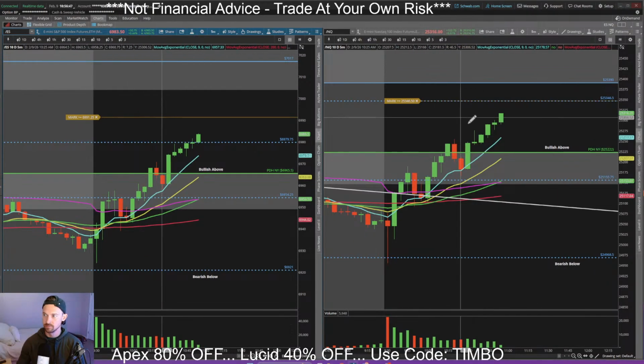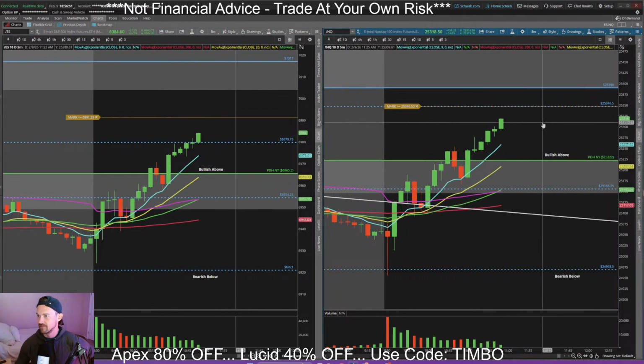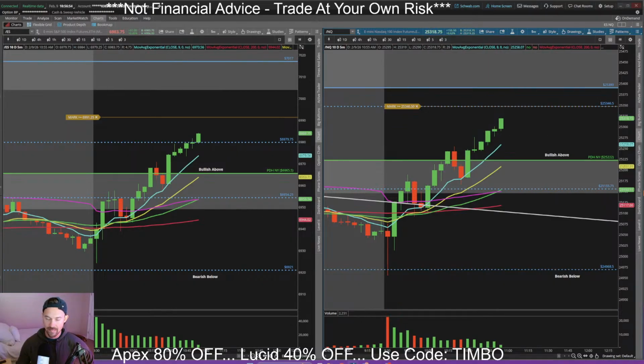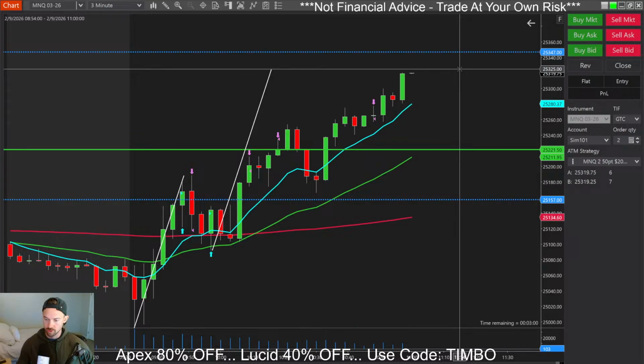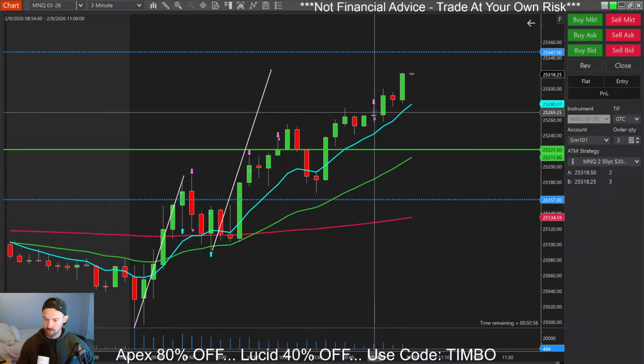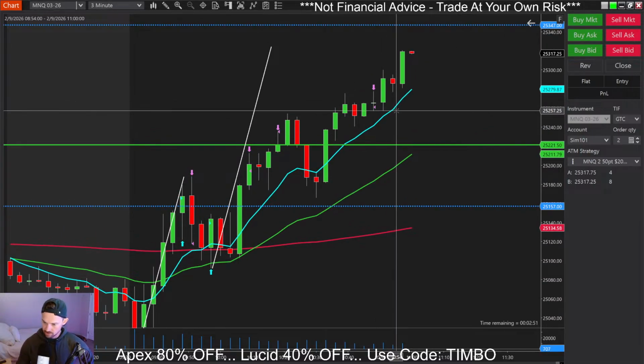Should have held my runner. I blew it. You can see we're basically up to that measured move from the morning now. But yeah, I trailed out right here after this kind of wick, but maybe got a little too tight with the trail.